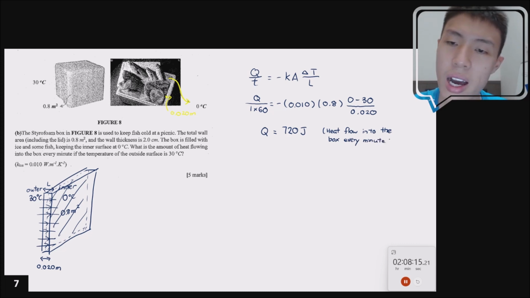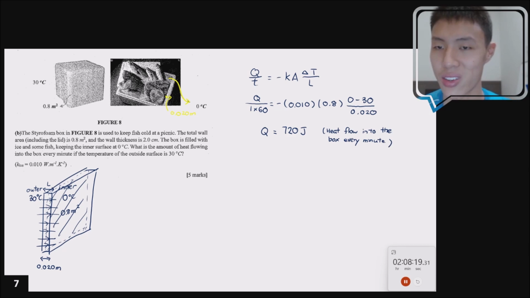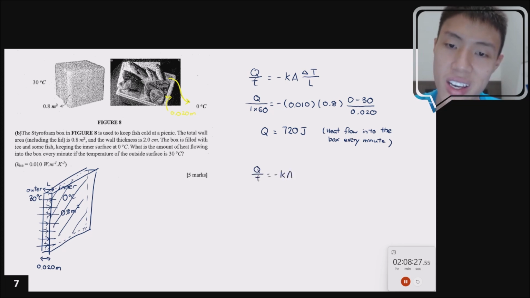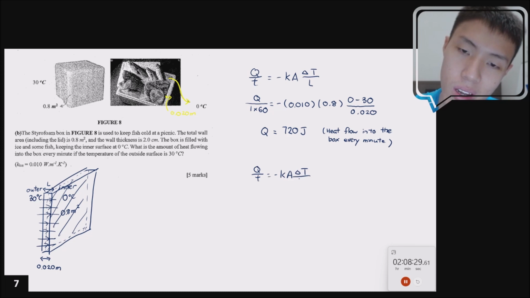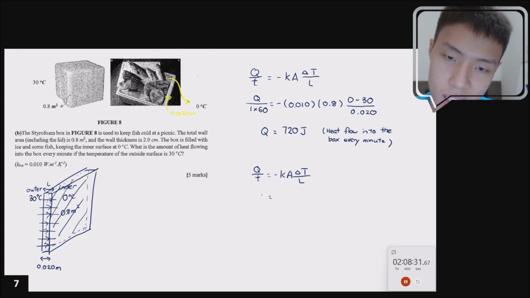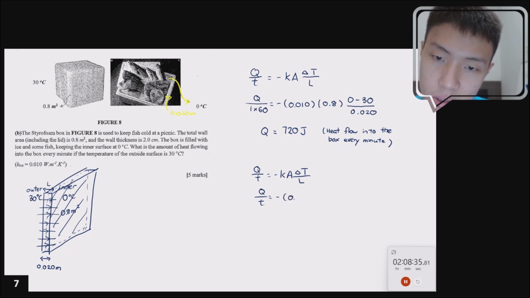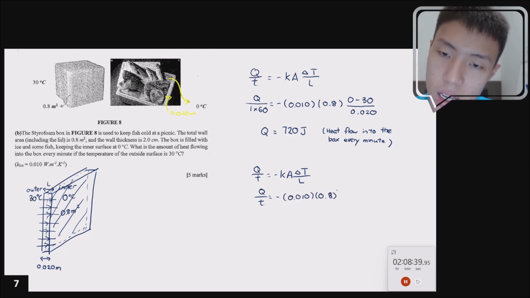Okay, I am actually not really sure how we should write this. Let me show you another version of what I might write. Since we already went over time, let's might as well just do it properly, right? So I was thinking of another approach. I was thinking of Q over T first, then negative 0.010, 0.8, 0 minus 30. All these things are still the same, nothing to worry about.